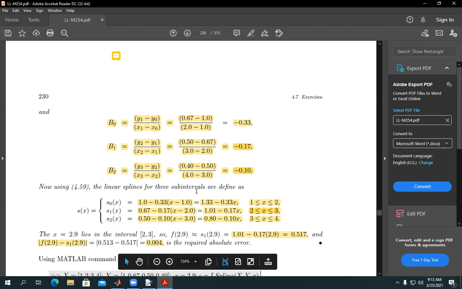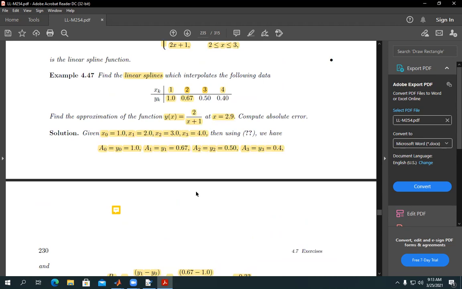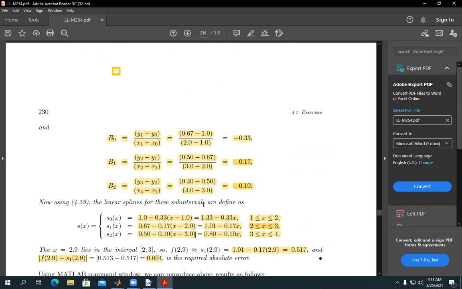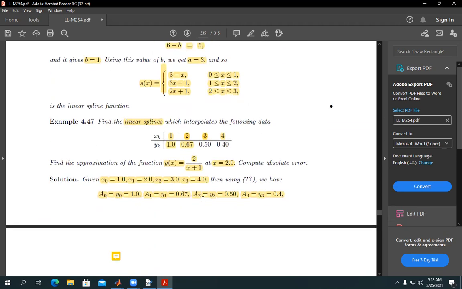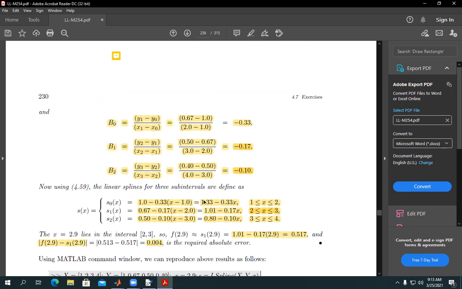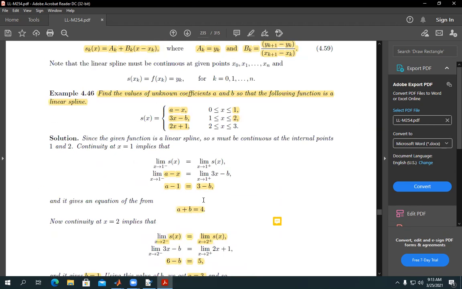When you find the subline functions, you can easily check this condition. This condition must hold: the value of the subline at xk must be equal to f(xk).